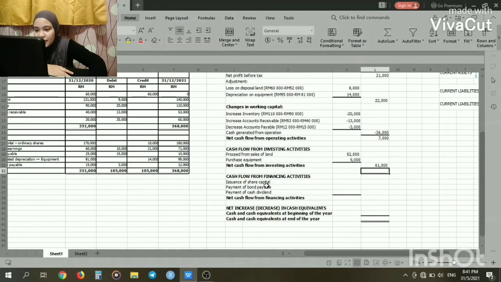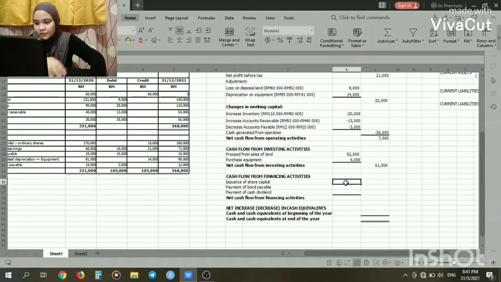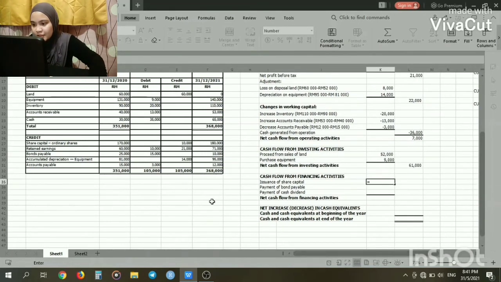For the last section, cash flow from financing activities, this is where the figures from equity and current liabilities go. For issuance of share capital, we just look at the worksheet, 10,000.